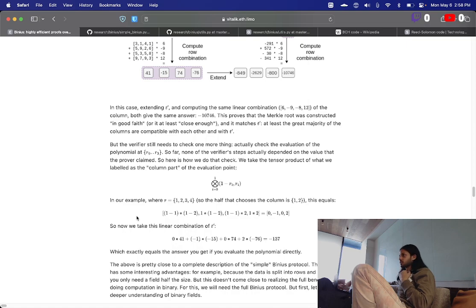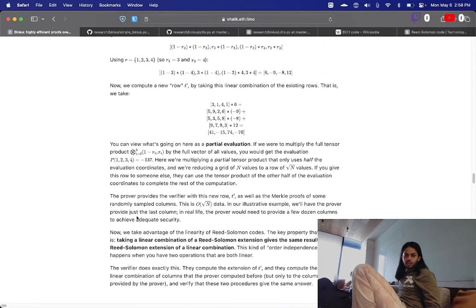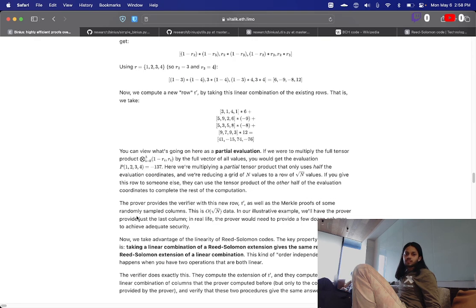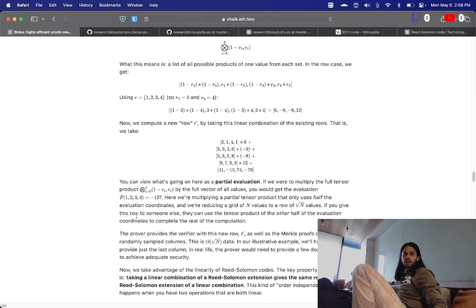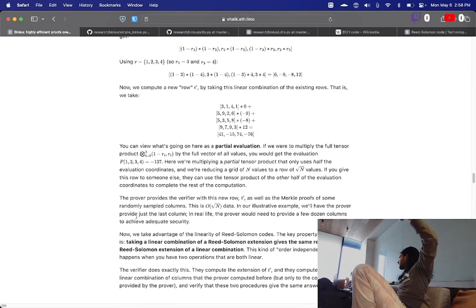In this tensor product, the value in the top left is going to be 1 minus R1 times 1 minus R2 times 1 minus R3 times 1 minus R4. And the value in the bottom right of this 4x4 grid is going to be R1 times R2 times R3 times R4.